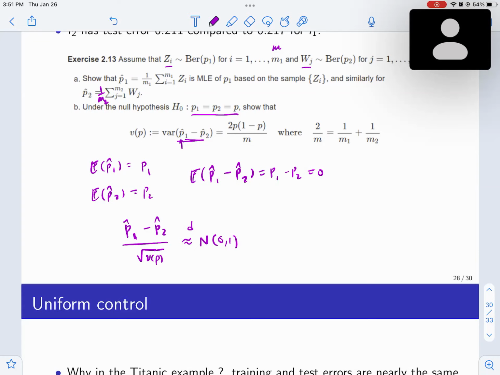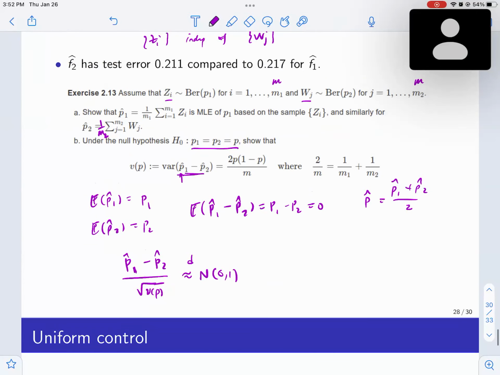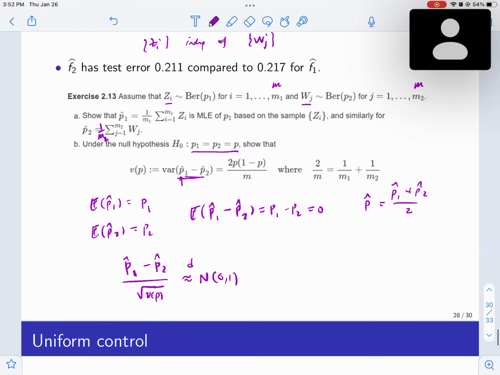So for example, if you have (p hat 1 plus p hat 2) divided by 2, that would be a good estimate of p hat. Let's just assume that M1 is equal to M2.